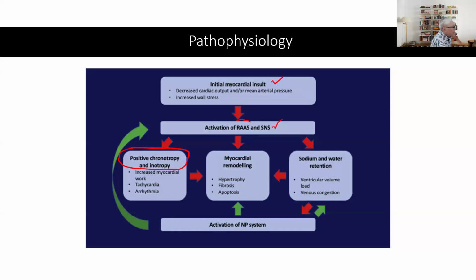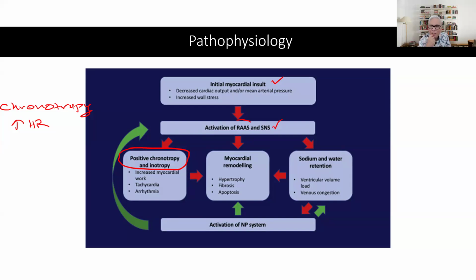Chronotropy is like chronology. This refers to an increase in heart rate. So give me a positive chronotropic agent. Anybody? What is a drug that increases heart rate? That means it is a positive chronotropic agent.